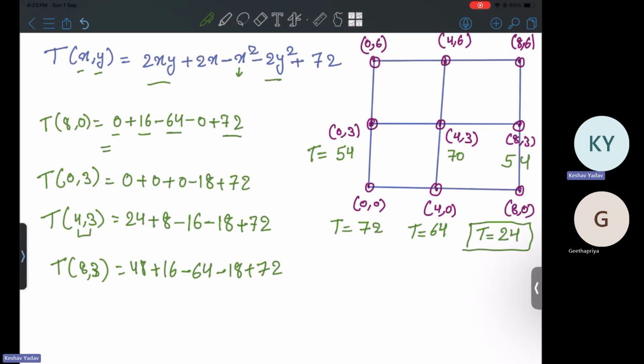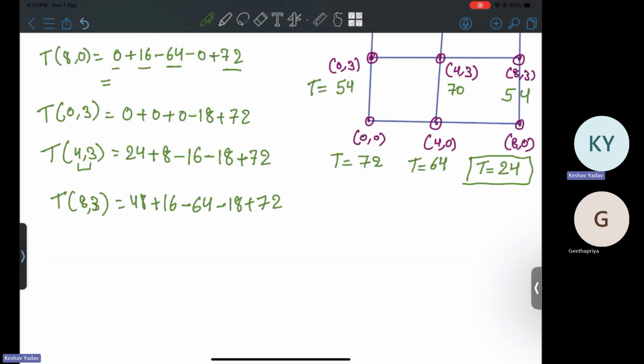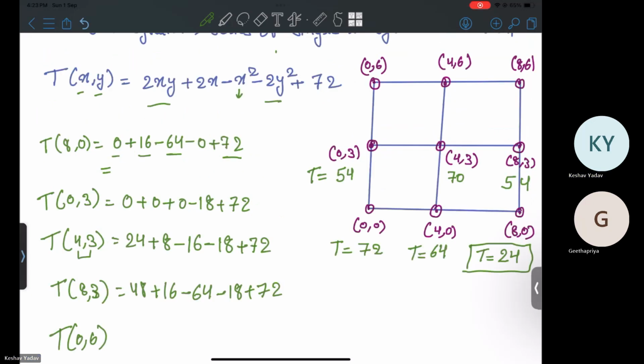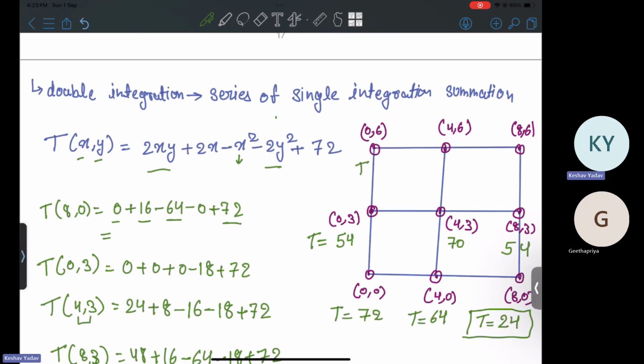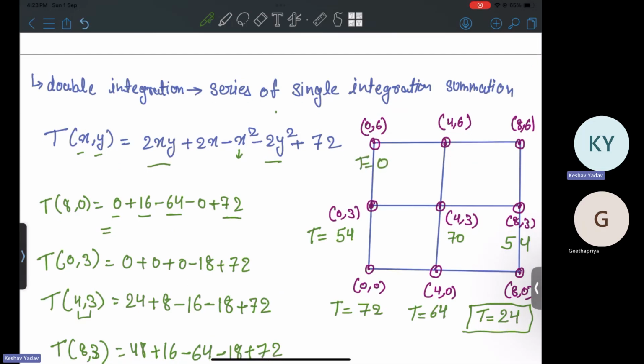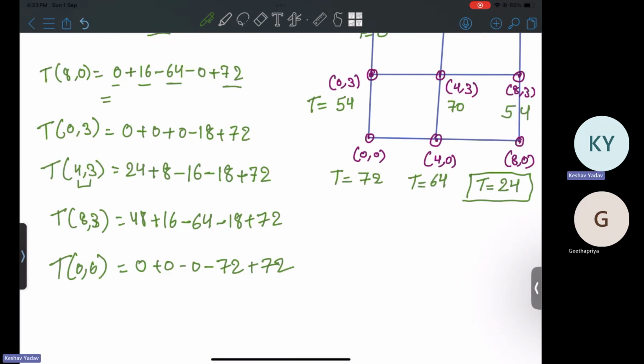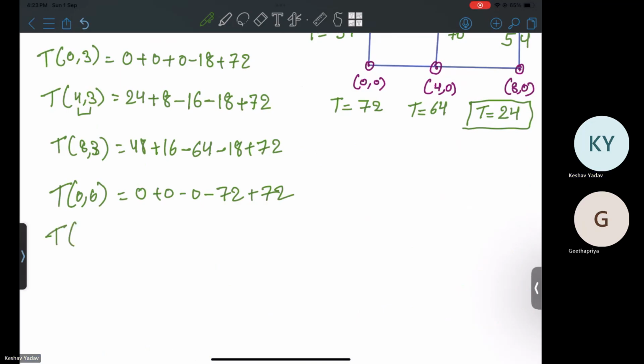Now I need to find out this T 0, 6. So this will become 0 plus 0 minus 0 minus 36, 72 plus 72. That will be equal to, here T will be equal to 0. Now T 4, 6, I need to find.